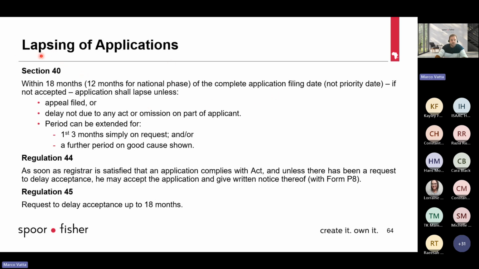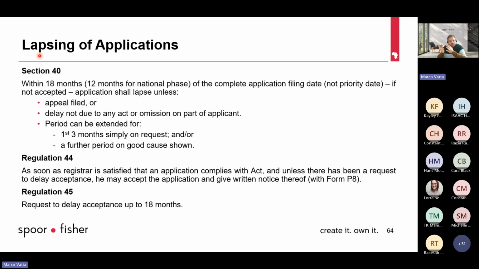Okay, you'll recall when we looked at that initial timeline and when we had the question based on an application proceeding to or being in order for acceptance within 18 months from the filing date or 12 months for national phase application. So if it's not accepted or not in order for acceptance within that 18-month period, as I said, the Patent Office will consider that application as lapsed or abandoned by the applicant unless an appeal is filed or if there was no undue delay on behalf of the applicant's part.